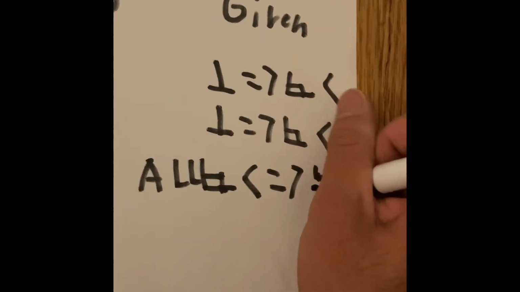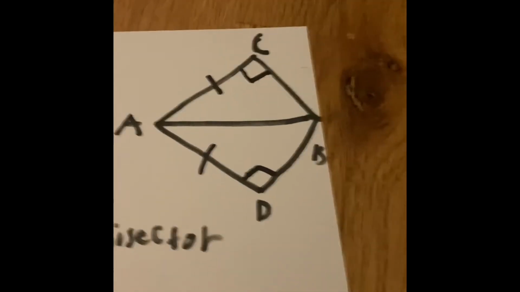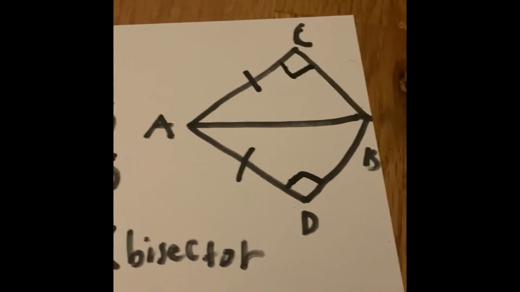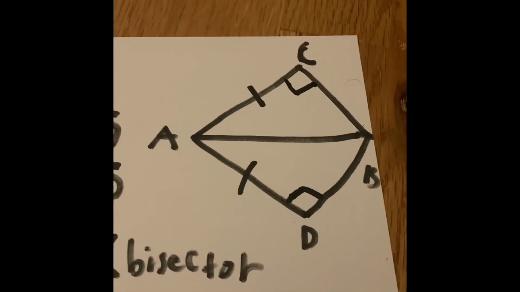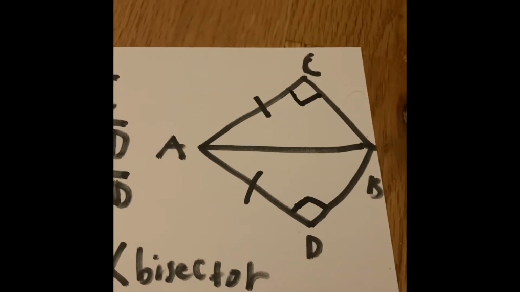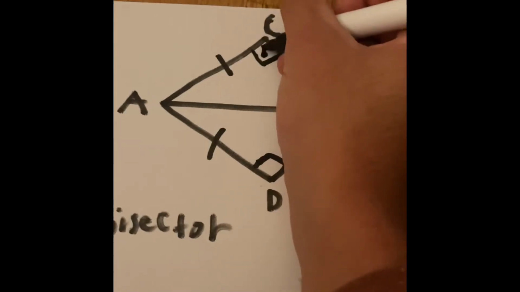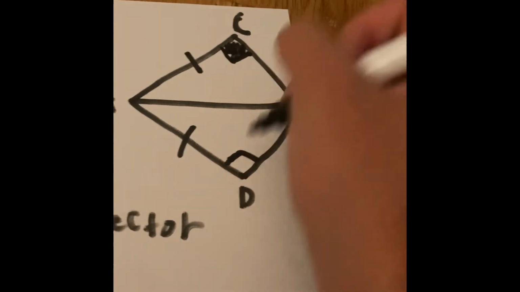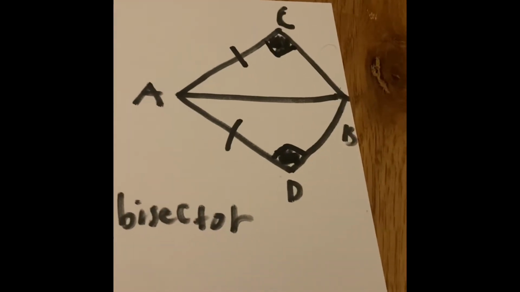No matter how big they are, if they match with a big triangle or a small triangle, all 90-degree angles and all right angles are going to be congruent with each other. So we're going to say this is 90, right, and congruent along with that one. Okay, so now we've proven that those two are right angles.